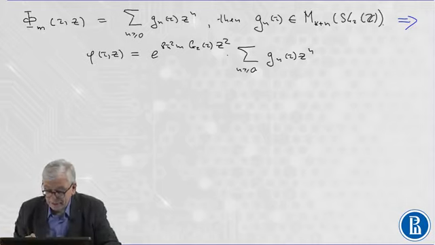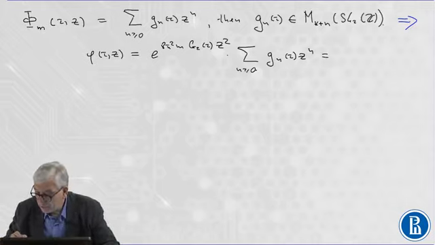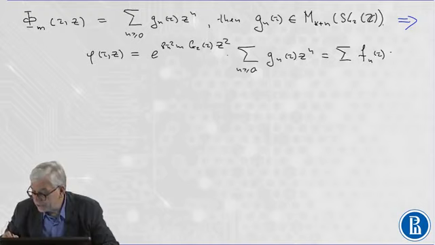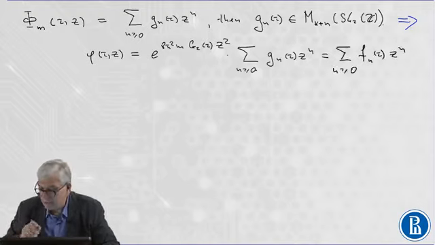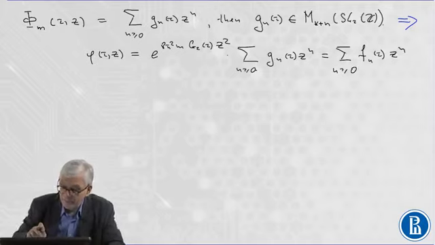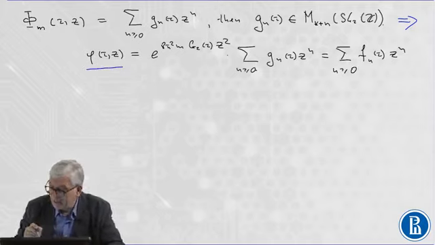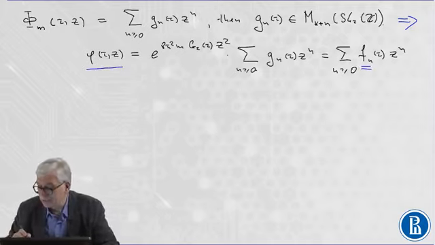And we see then all Taylor coefficients of the original Jacobi form are quasi-modular.